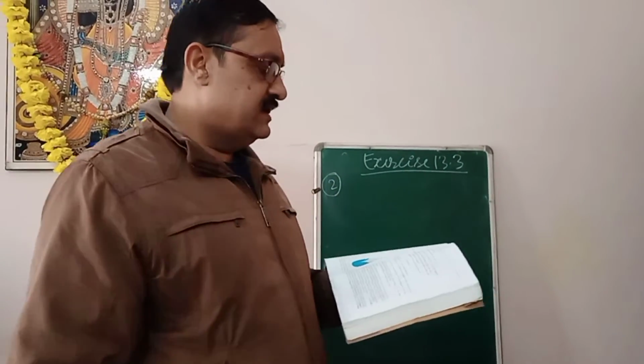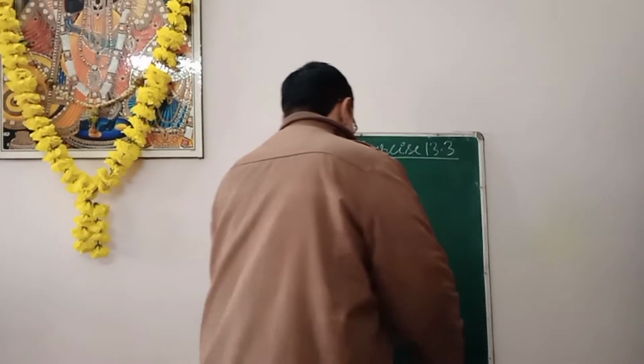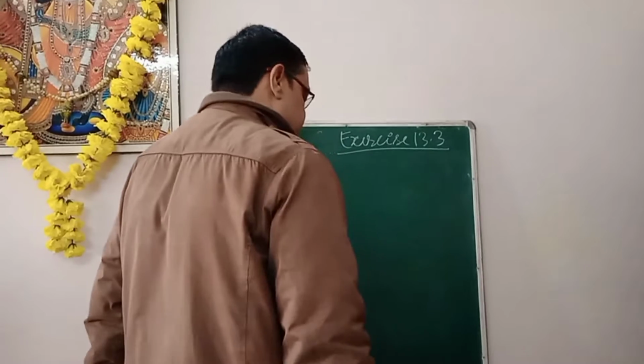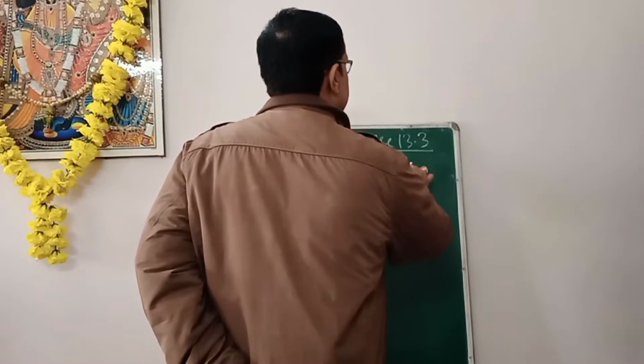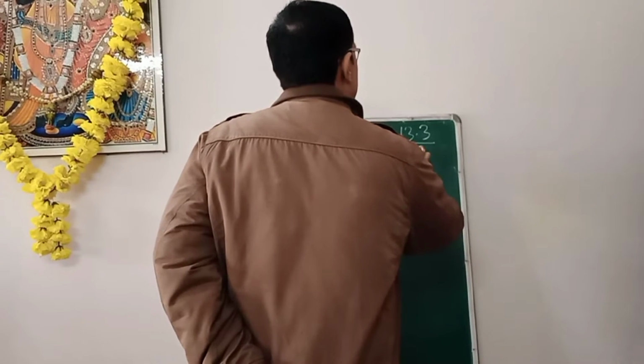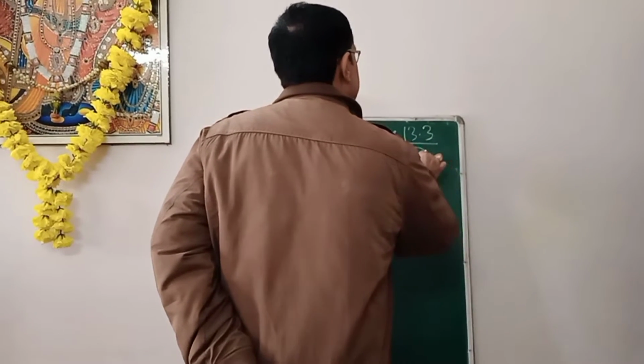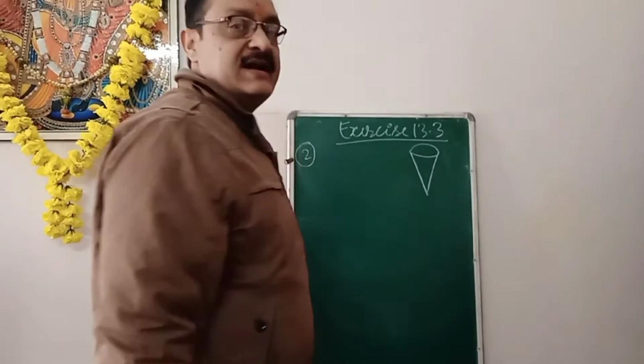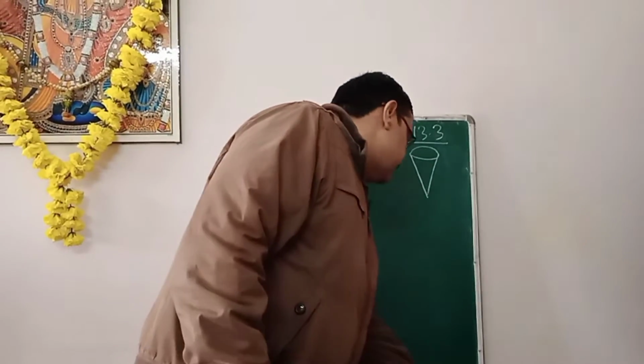So diameter is given, so radius is given. So everything is given and we need to put the values in the formula and we will be getting it, but it is better that we first construct a cone and see things and then do.